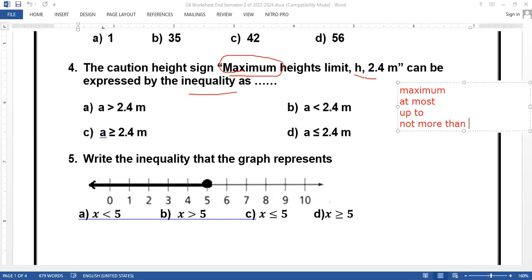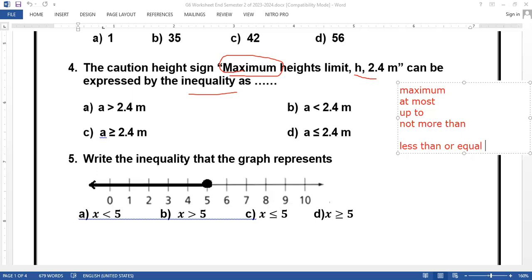All of these words mean less than or equal. The maximum height could be 2.4, but not more than that. At most, up to, not more than: all these words mean less than or equal.